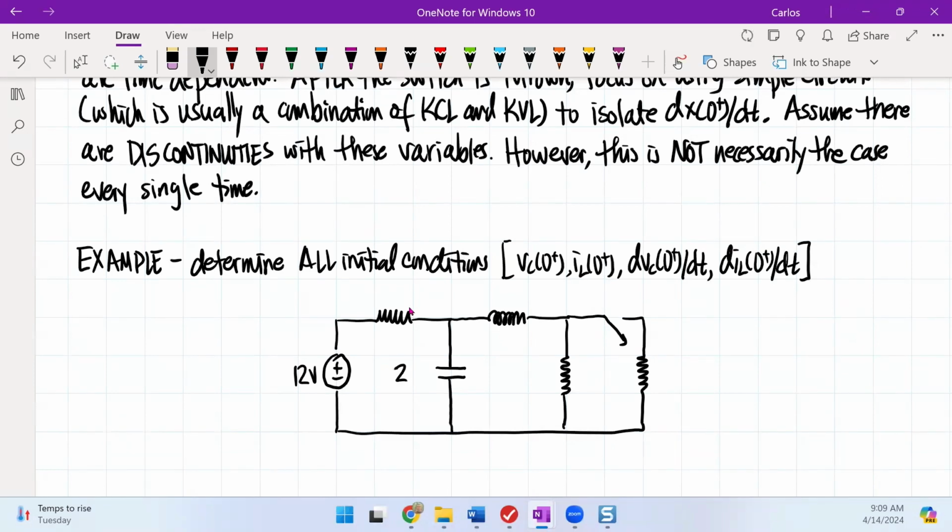So this is a 2 microfarad. This is a 6K, a 6K, and this is a 3K. And this is going to be 1 millihenry. And so the switch here closes at t equal to 0.